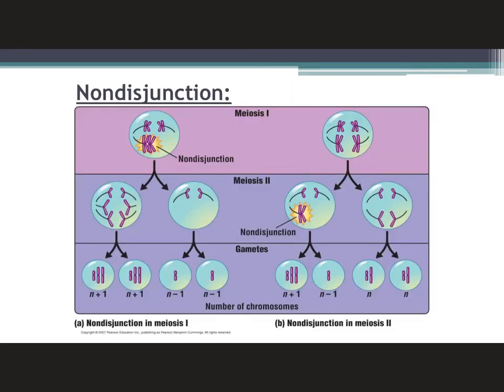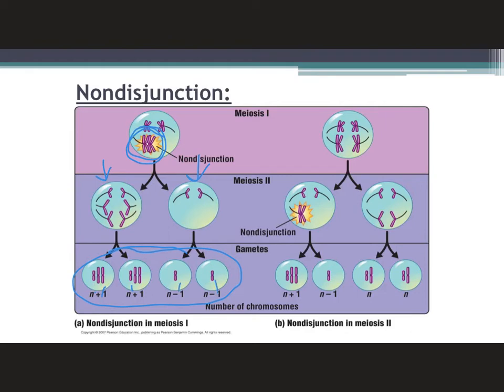So this is what it looks like, whether it happens in meiosis 1 or meiosis 2. So here's meiosis 1. If this pair of chromosomes right here fails to separate, then it's still going to go on to meiosis 2, but note that the new cells have 3 chromosomes over here and only 2 here, which means none of the resulting sex cells are going to have the right number of chromosomes. These 2 are going to have 1 too many, and these 2 are going to have 1 too few.